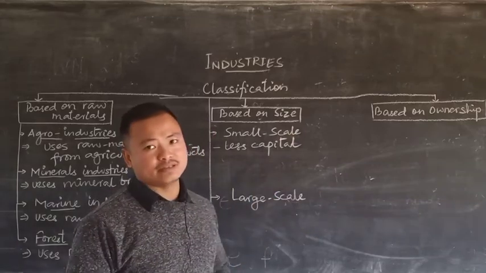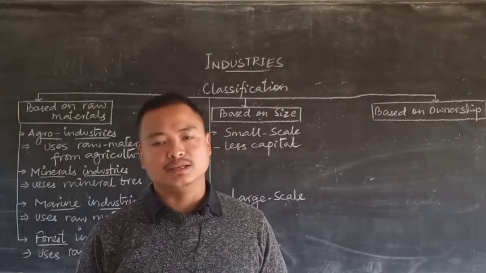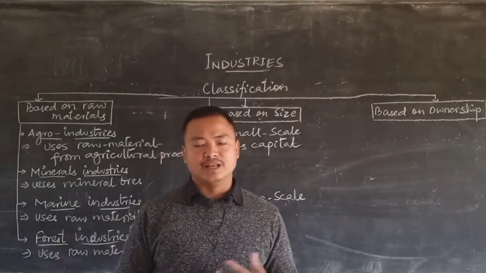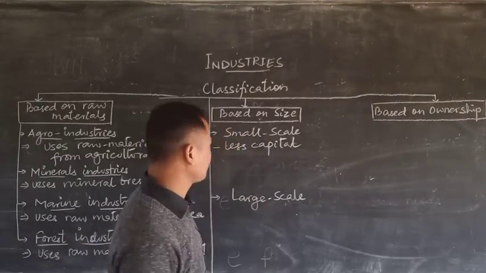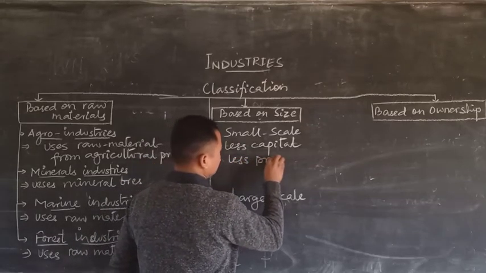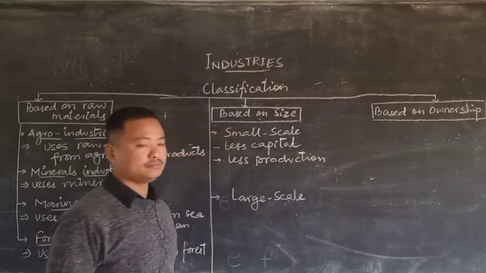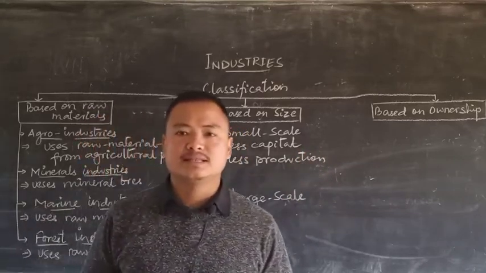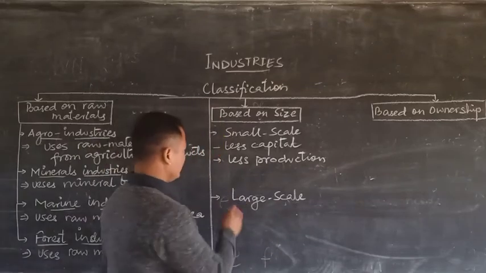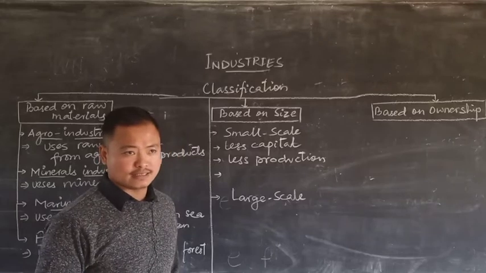Capital invested, that means money that has been put into these industries is very less and not a huge sum is utilized for manufacturing in this type of industry. Second, production is also less. And at the same time, the amount of technology used is also very less.